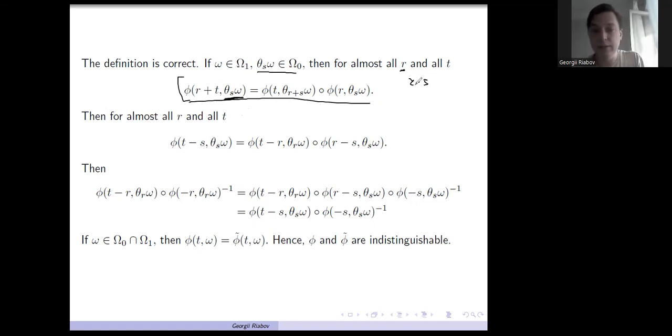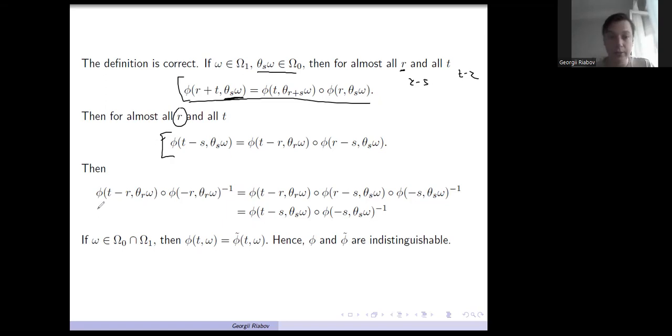And since it is true for all t, we can replace t with t − r and get the following equation, which is true for almost all r and all t. Okay, and now let's fix one such r.